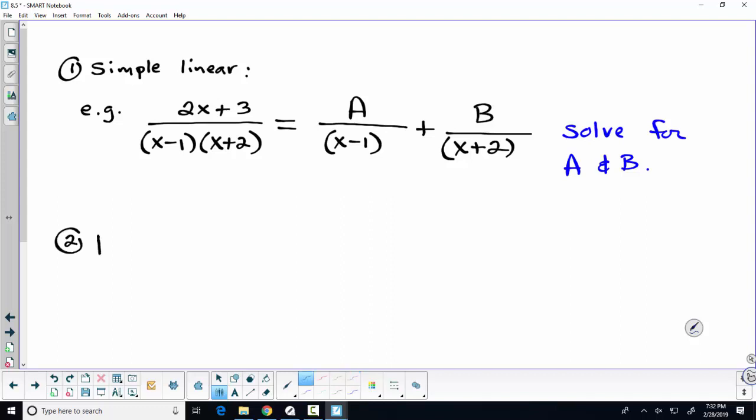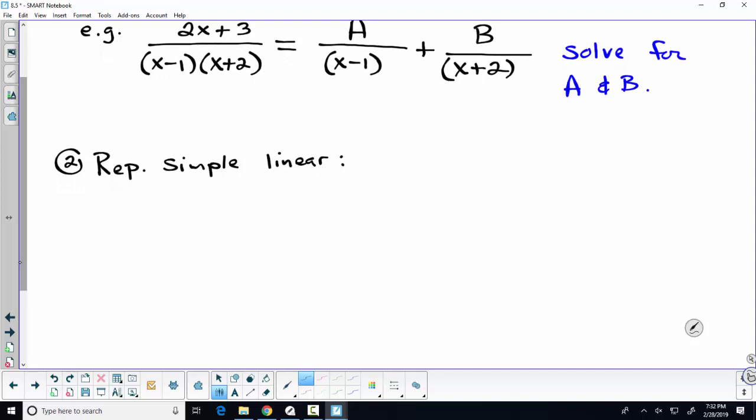For the repeated simple linear, that would be something like, if we had, let's do one of these, (x plus 4) over (x minus 3) cubed, let's say.